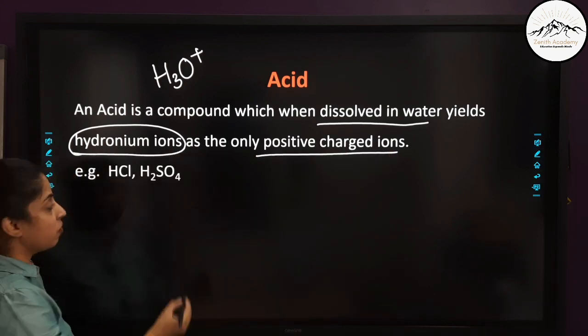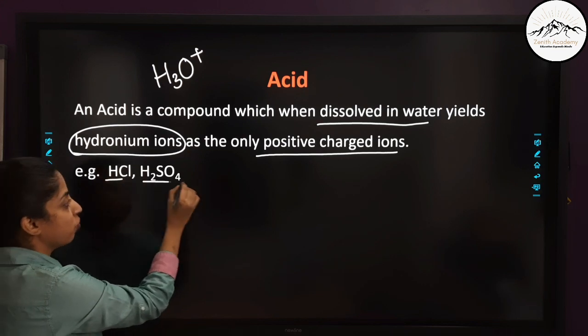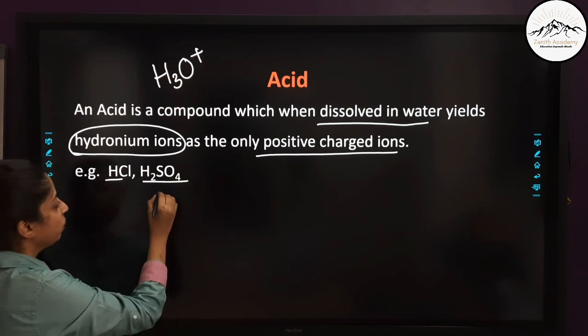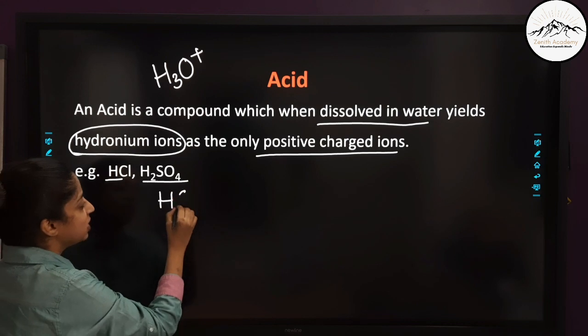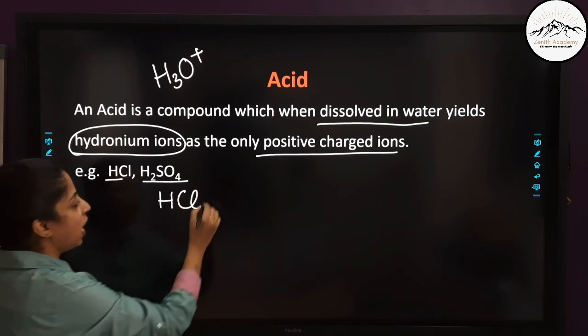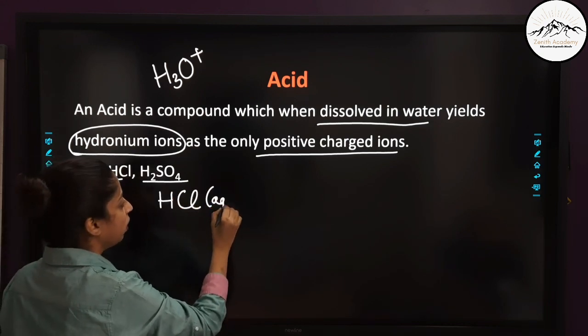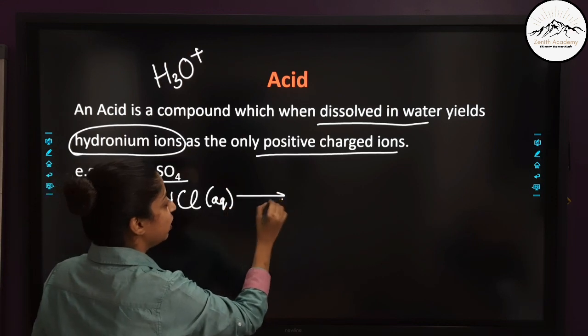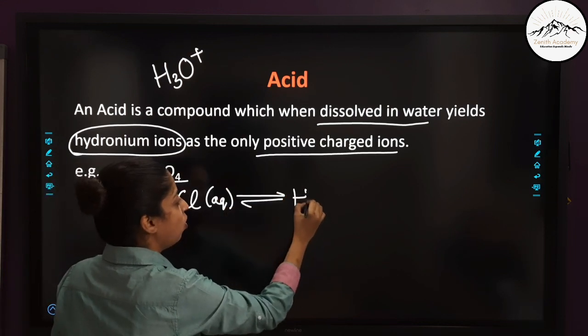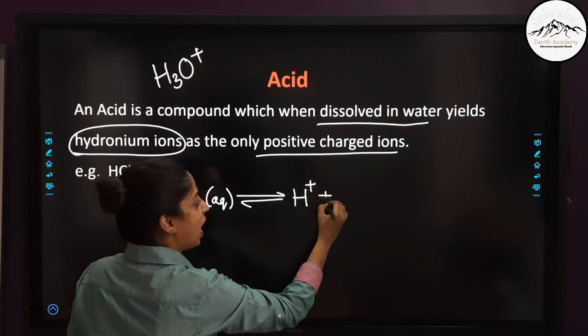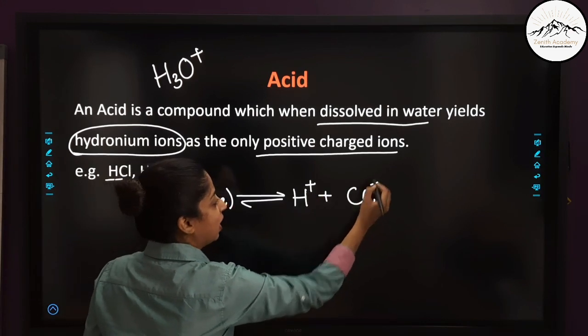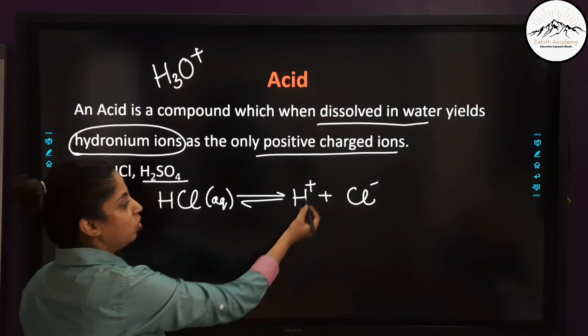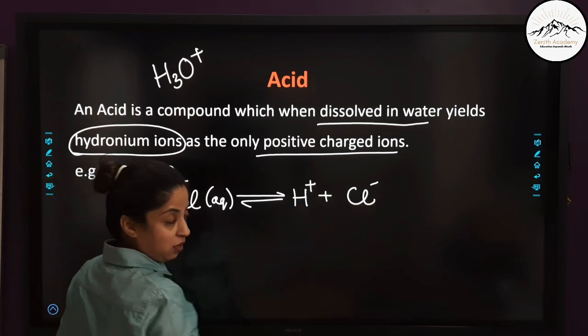The examples of acids are HCl and H2SO4. So here I'll show you. HCl in the aqueous medium dissociates into which ions? We know H plus ions and Cl minus ions, right? So a cation and an anion.